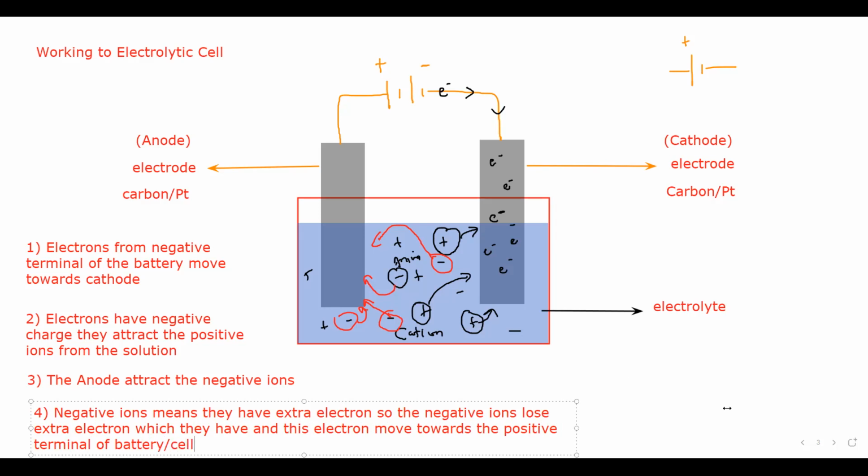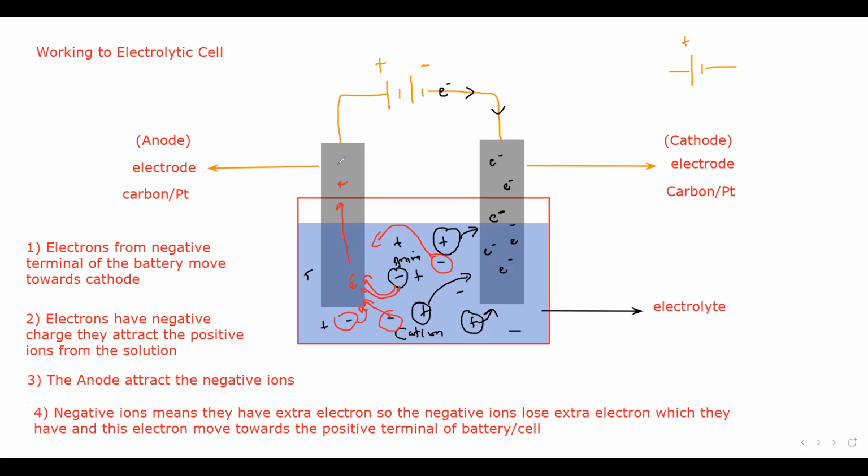Because the negative ions have an extra electron, they will lose it, and this electron is attracted towards the positive terminal. So that electron will return back to the battery.